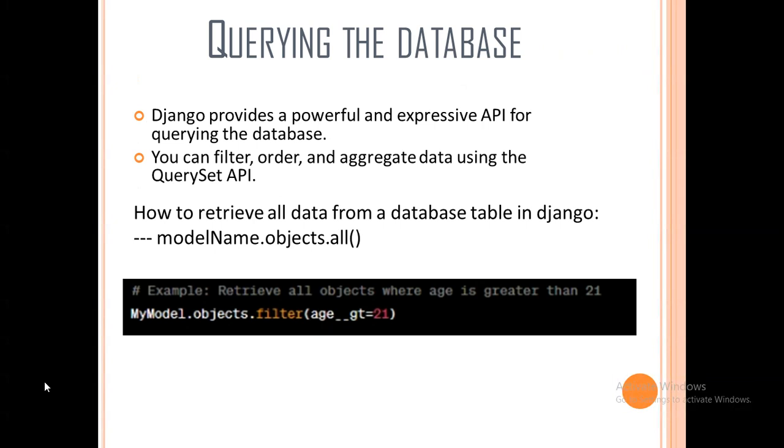Here we have the QuerySet: how to retrieve all data from a database table in Django. We have this command, your model name dot objects dot all, to get all the data stored in your database table. Same thing here, model dot objects dot filter age double underscore gte 21.